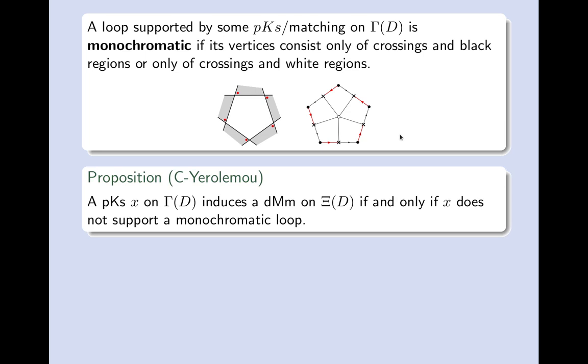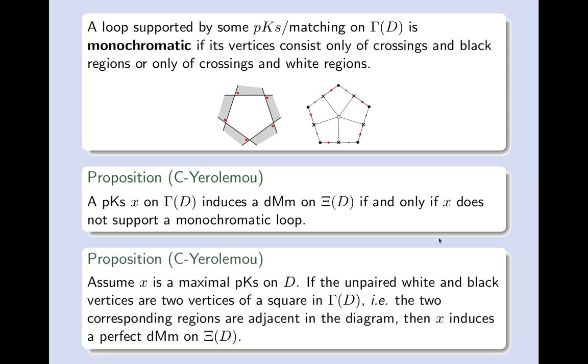Okay, so the first result here is that if we are looking for discrete Morse matchings, this is the only thing that can go wrong. So a partial Kauffman state on the Tait graph of a given projection will induce a discrete Morse matching on this simplicial structure on the two-sphere if and only if it does not support any of these monochromatic loops. And we can say even a bit more.